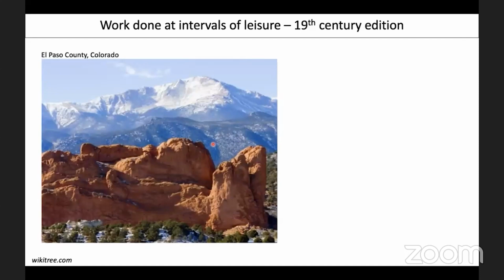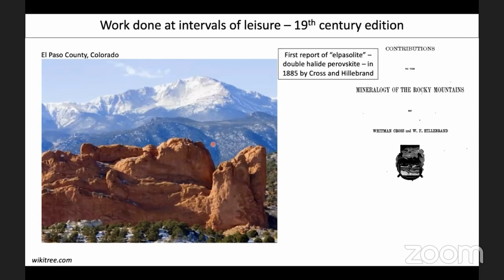So double perovskites, the ones that I'm going to talk about, were discovered in 1885 in a place called El Paso County in Colorado, which you see here on this picture. The first report basically was a fluoride, I think, that was discovered by Cross and Hillebrand, and they were essentially just hiking around in these mountains, searching for new minerals and then analyzing them in the lab.